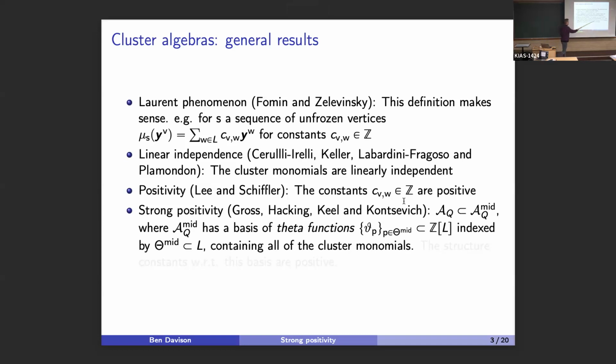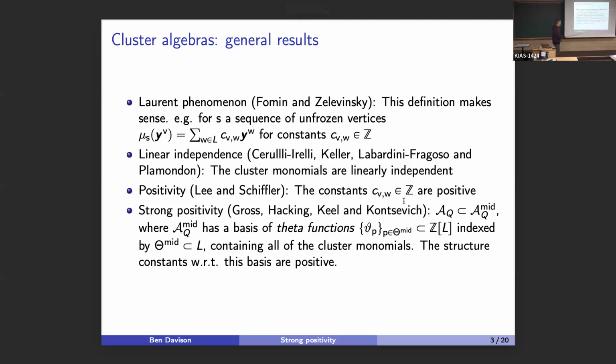So this A_Q mid has a basis of theta functions indexed by some subset of the lattice, possibly the whole lattice, sometimes not the whole lattice. It contains all of the cluster monomials, but it might contain more. So these theta functions might be a strictly larger set than the cluster monomials. And the structure constants with respect to this theta basis are positive.